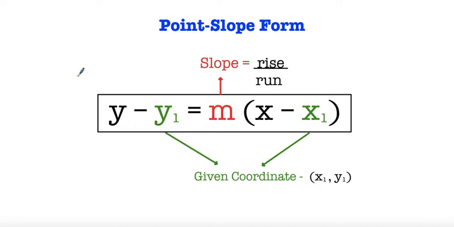So when we're asked to write in point-slope form, we're usually given a coordinate and slope. The green represents the given coordinate, and m represents our slope. And the y here and the x here just represents any other y or x value, so any other coordinate really.